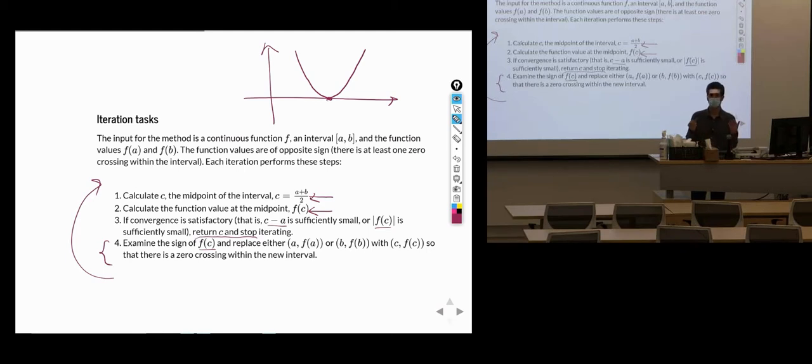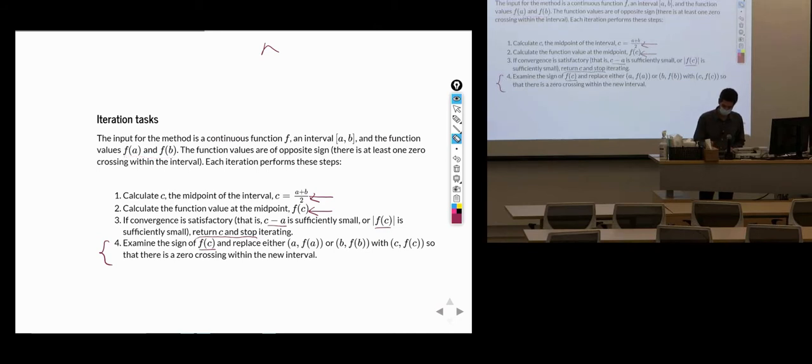Why? Because the algorithm is telling us, give me f of a and b such that the signs are opposite, right? It's not designed for that. So in a sense, it's not fair to penalize something for something that it's not designed to do. It has a very limited application, and it's clear what it is.